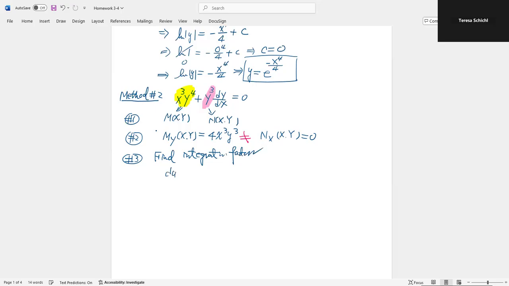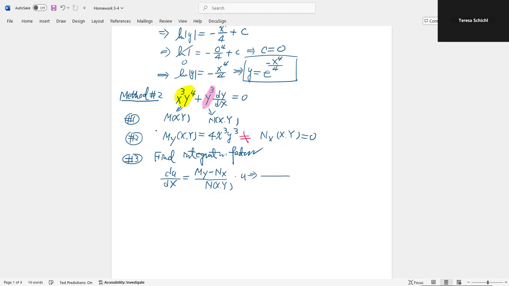If you still remember, the integrating factor is du/dx equals the top one, My partial derivative in y minus partial derivative of N in x, then divided by Nxy, times u. My goal is to try to solve for u.